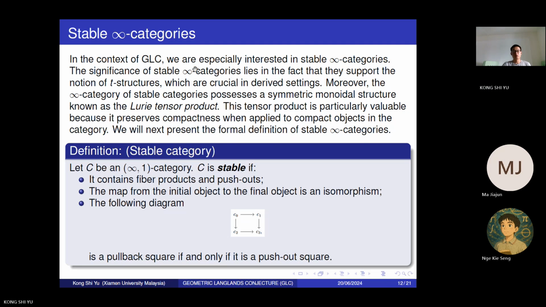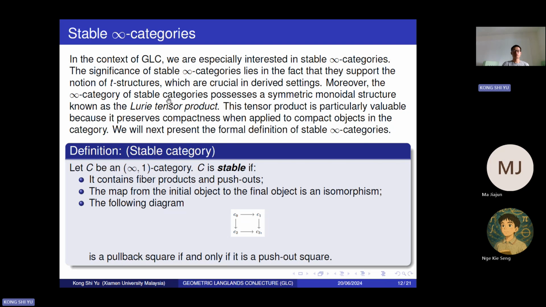One of the significances of stable infinity categories is that they support the notion of t-structures, where you can think of looking at the cohomology groups greater than or equal to 0 and less than or equal to 0, and the heart is the intersection of those two sides.